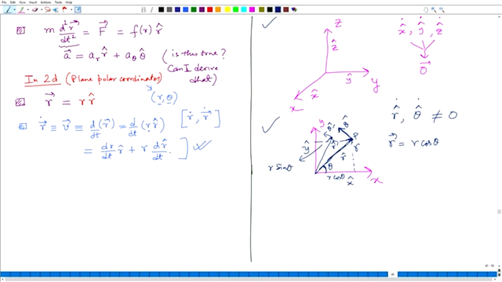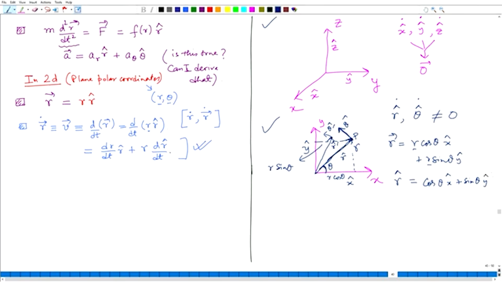So, you can say r vector is r cos theta x cap plus r sin theta y cap. Then what is r cap? R cap is this divided by modulus of r, and modulus of r is nothing but the scalar r itself, and that is why the unit vector will simply be cos theta x cap plus sin theta y cap.